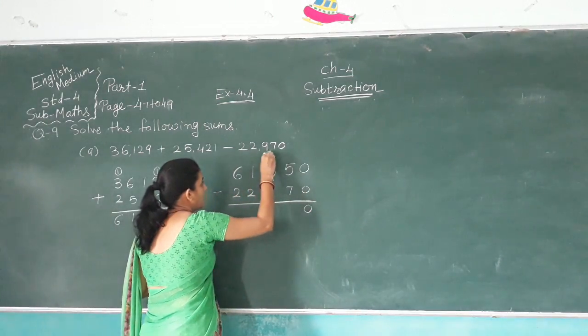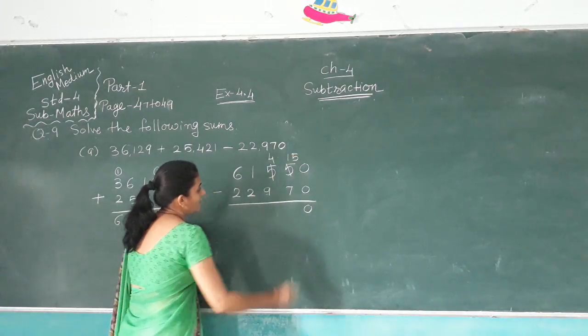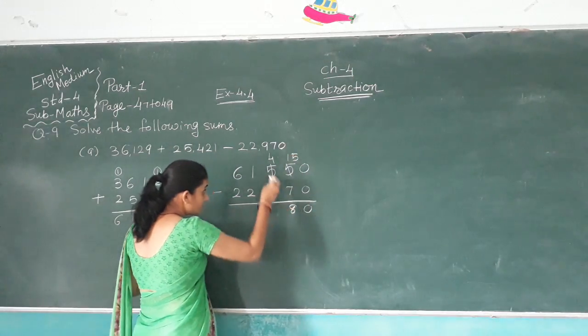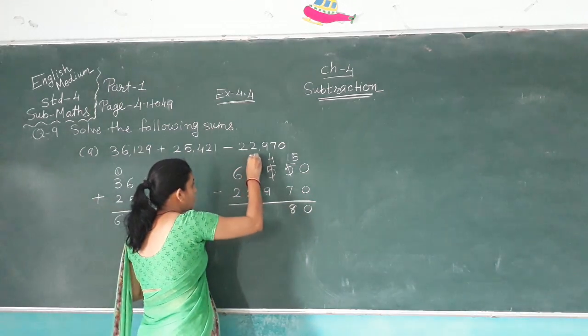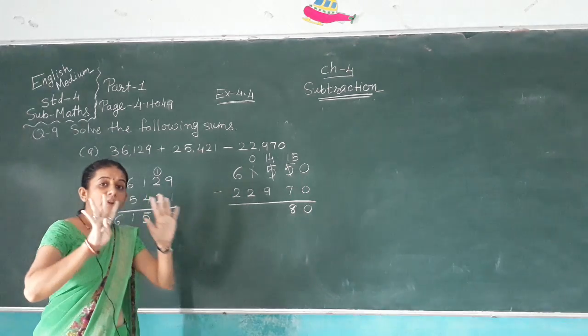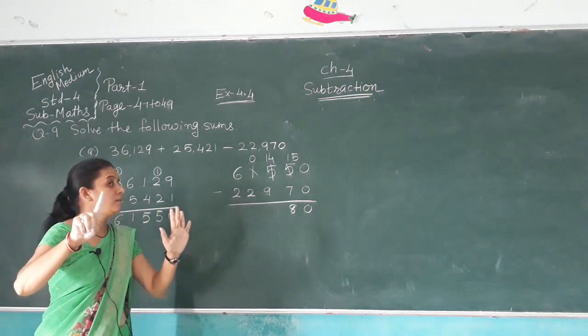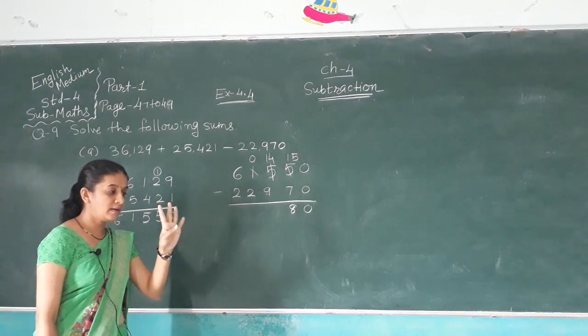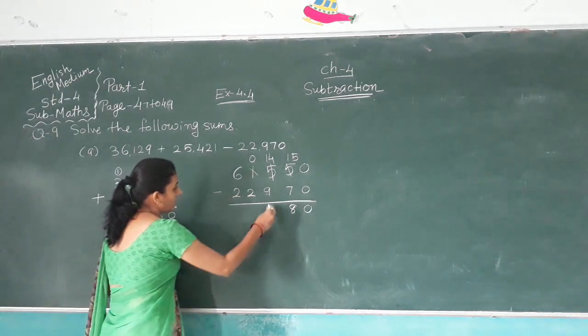Again 0 minus 0, 5 minus 7 is not possible. Cut here 5, write here 4, here 15. 15 minus 7, 8. 4 minus 9 is not possible. Cut here 1, 0, here 14. 14 minus 9. Take 9 fingers. Before 14: 13, 12, 11, 10, 9, 8, 7, 6 and 5.